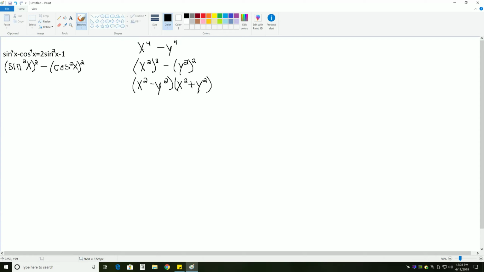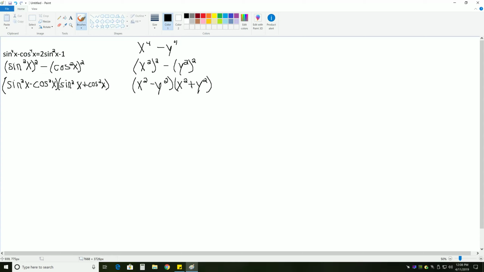Just like we did with the x to the fourth minus y to the fourth, which means this will factor into sine squared x minus cosine squared x times sine squared x plus cosine squared x. The first term minus the second term times the first term plus the second term.